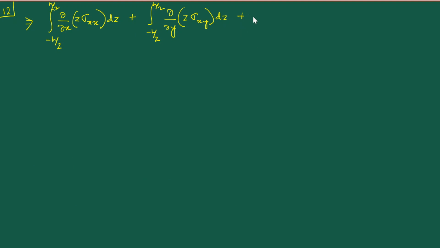And then for the term involving the integration with respect to z of the z del sigma xz del z term, I'll have, after the integration by parts, these boundary terms and this integration term.